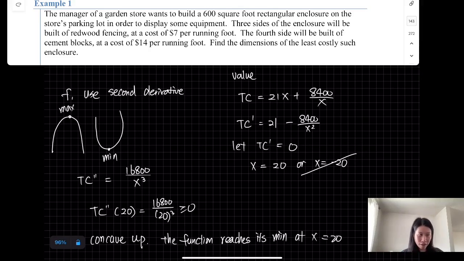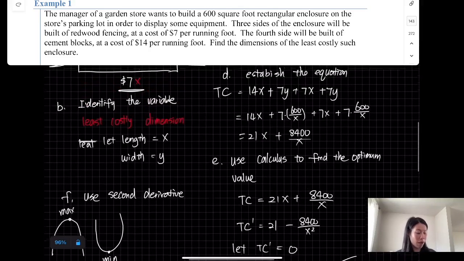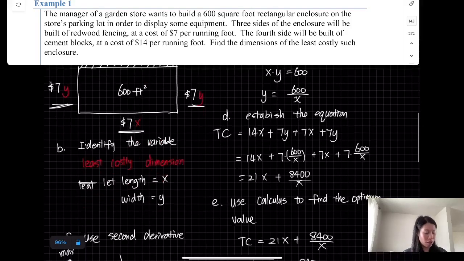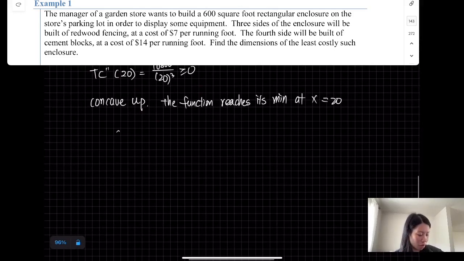Okay, so that's it. But now let's look back, see what they ask. The question asks you for the dimension. Now we only know the dimension of x. We still need to know the dimension of y. So since x times y equals 600, y is going to equal 600 divided by 20, which is 30.